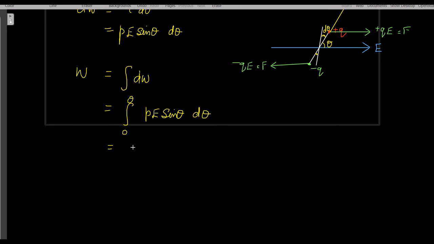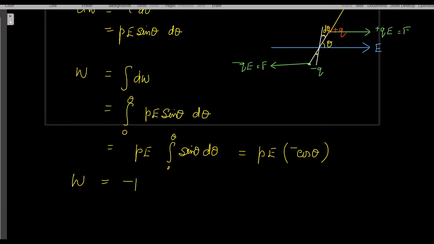We can write this as PE into integration from 0 to theta of sin theta d theta. And already we know in calculus, integration of sin theta d theta is minus cos theta plus constant of integration. We consider the constant of integration as 0 here. Hence, the work done in rotating the dipole through an angle theta is minus PE cos theta.